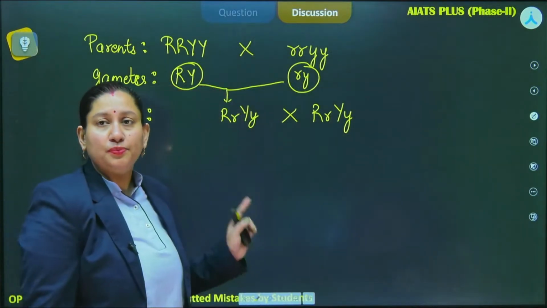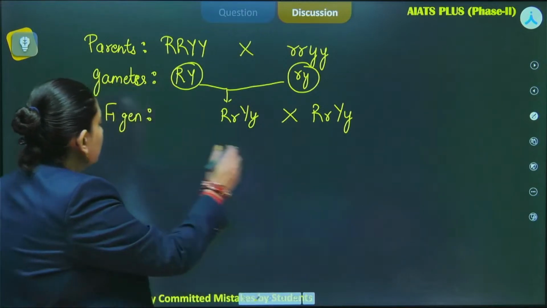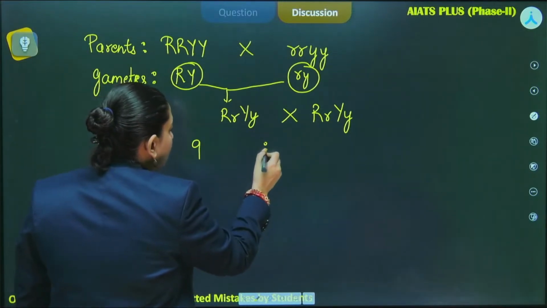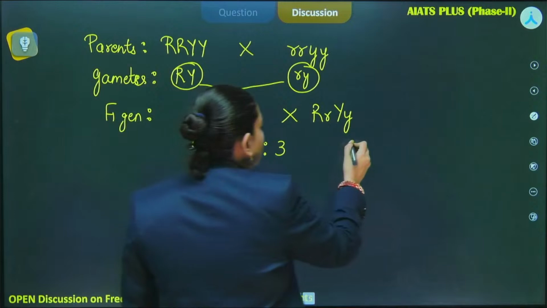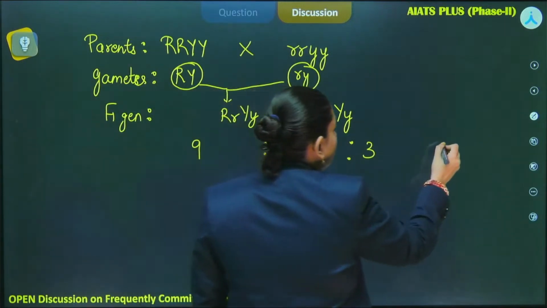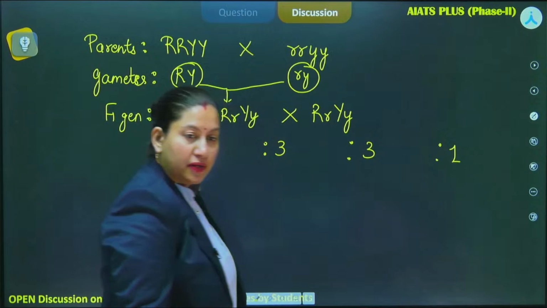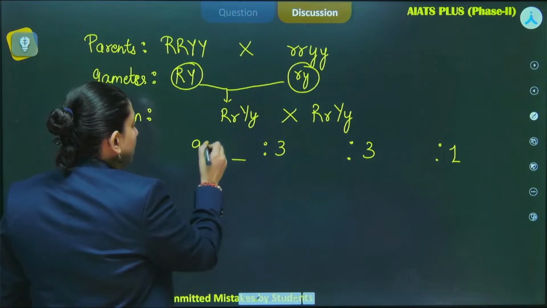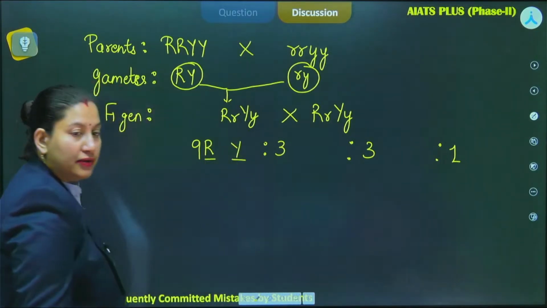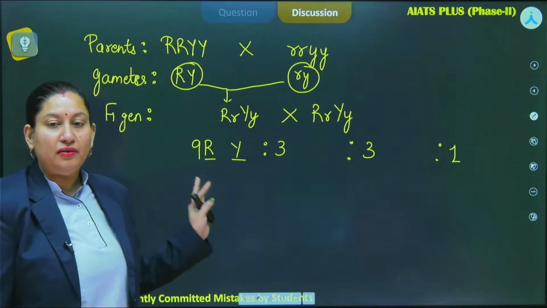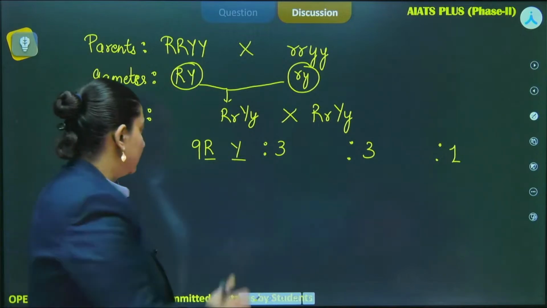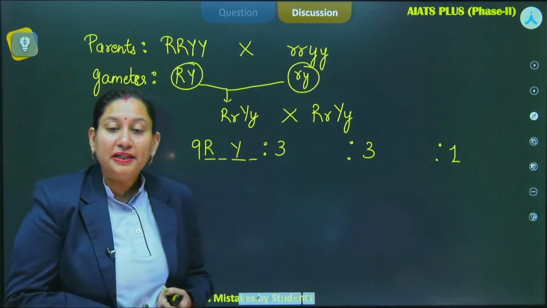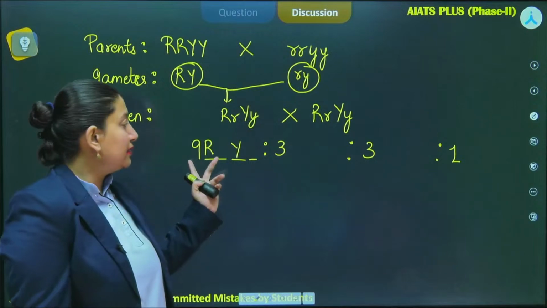So when you have this particular cross done, what we are going to yield is the classical ratio of 9 is to 3 is to 3 is to 1. Over here, we are going to see at least one dominant copy of both the alleles, and the other ones could be variable, but we are going to see the dominant allele for both the characters in these 9 genotypes.